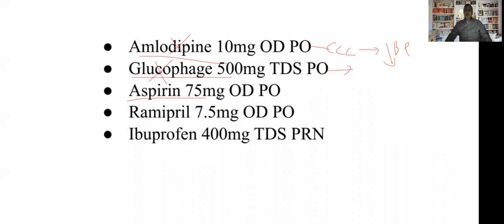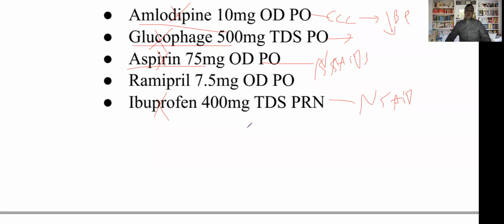Aspirin, this is a non-steroidal anti-inflammatory drug. I think it has to be stopped, and ibuprofen is the same. They are non-steroidal anti-inflammatory drugs. Why do they have to be stopped? Because they affect the afferent arteriole of the kidney.